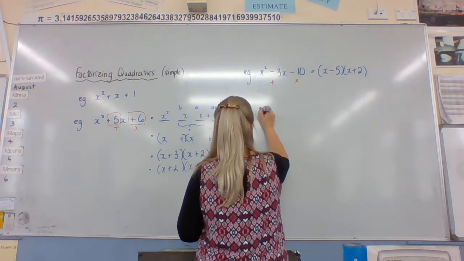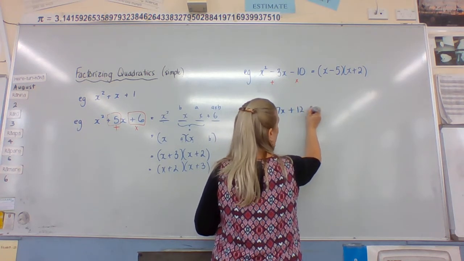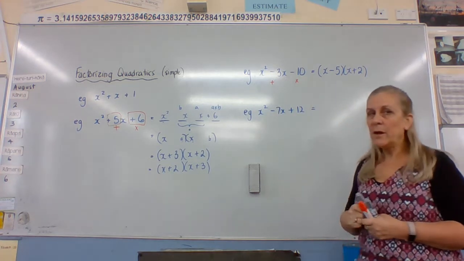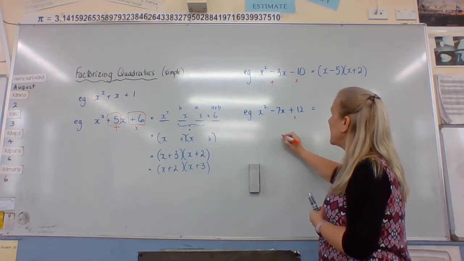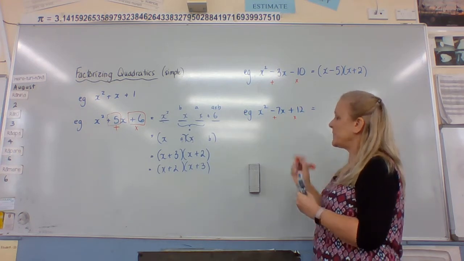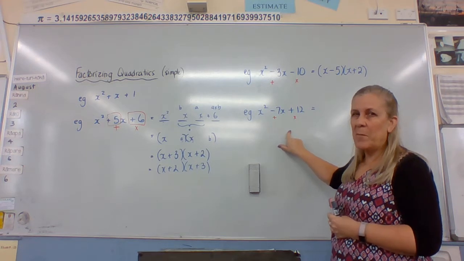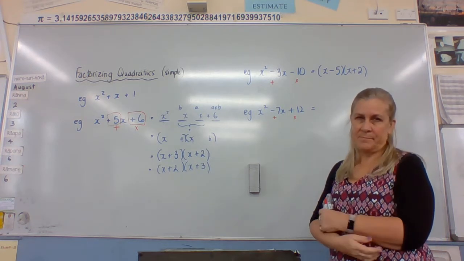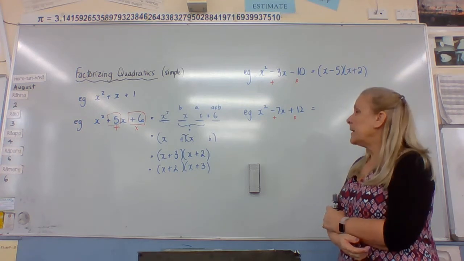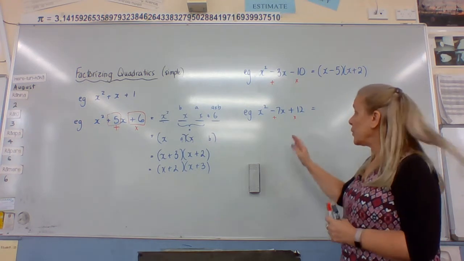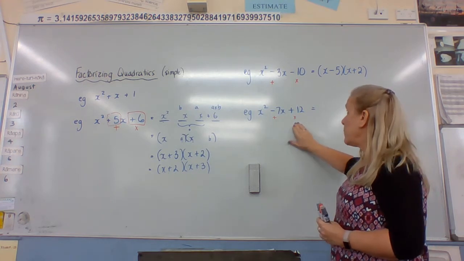What if we've got this one? Okay, multiplies to give positive 12, adds to give negative 7. So, how can I add to get a negative and multiply to get a positive? I need two negatives, two negatives that add together to give negative 7 and multiply to give 12.